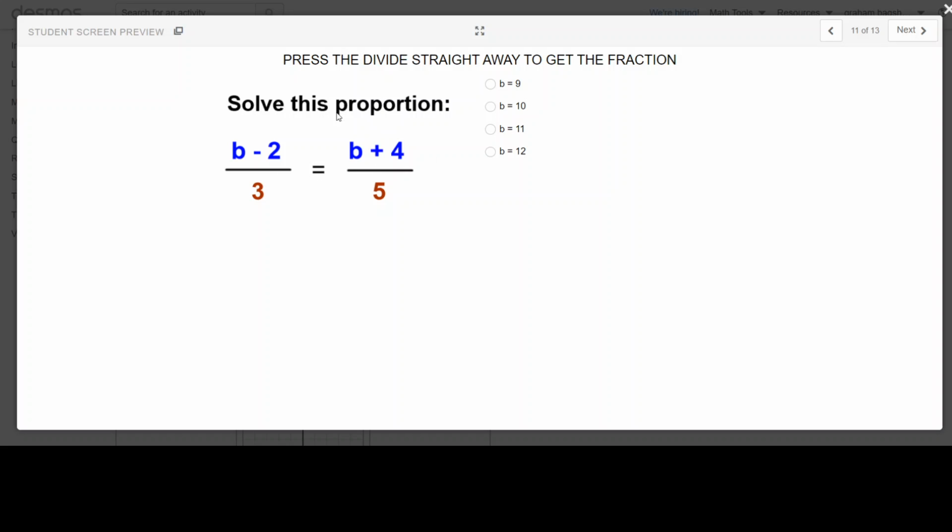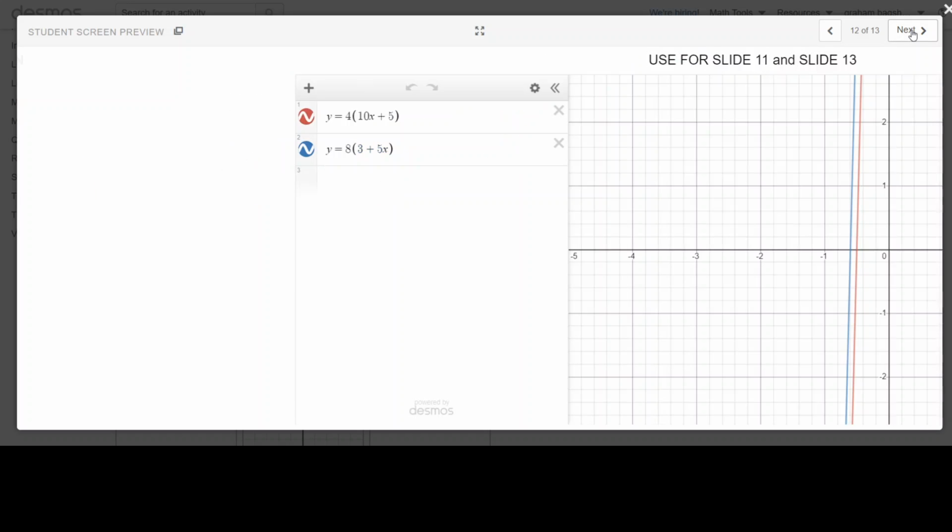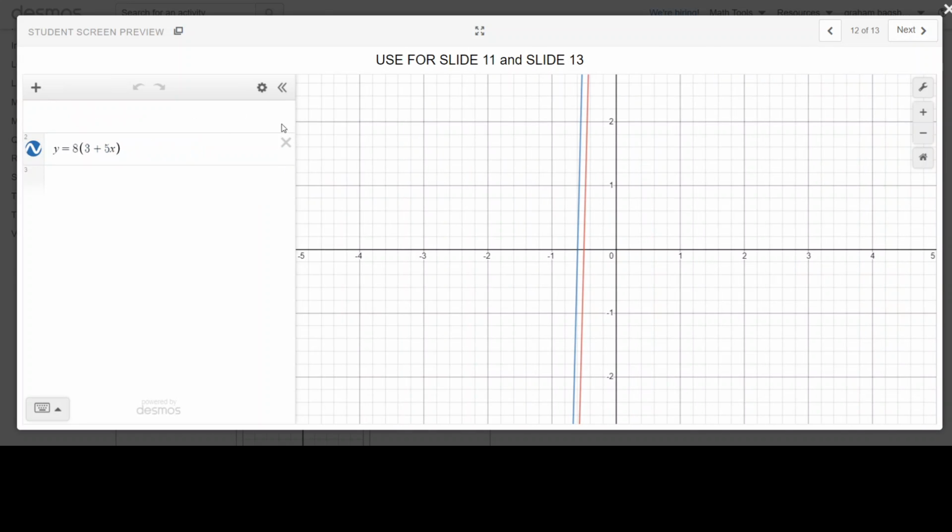Proportions, you can go ahead and do these ones. It reminds you here, push the divide key straight away so you can enter the fraction. Also, if I'm doing this question, I'm not going to be putting b, I'm going to be putting x, otherwise the question won't work. So let me go back to that next slide because I know there's a Desmos calculator there. And for proportions questions, it's kind of unusual if you do get a no solution. So push the divide straight away.